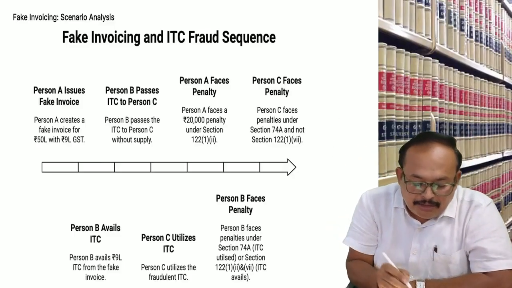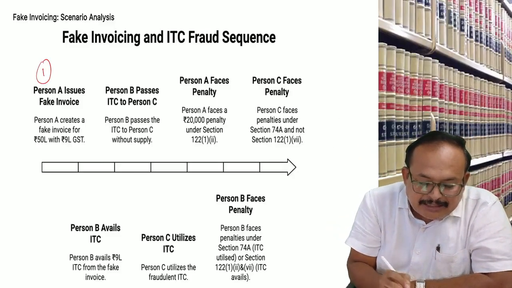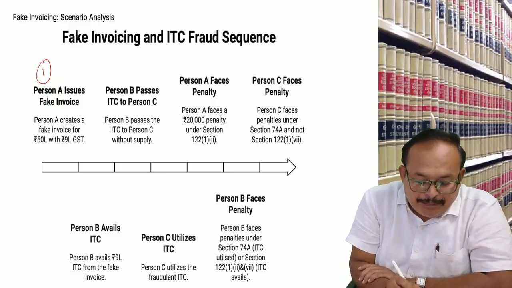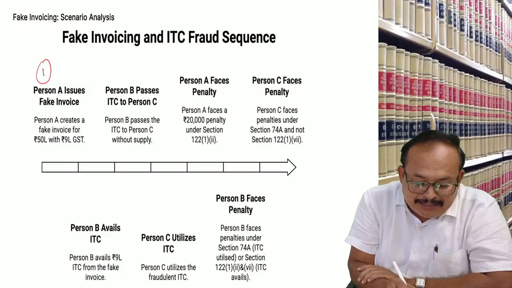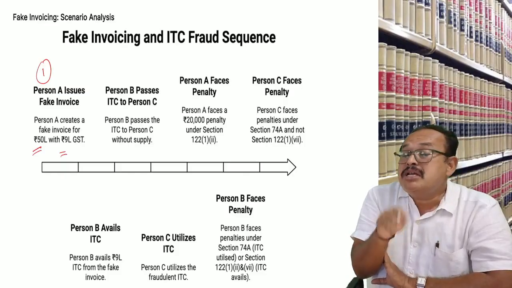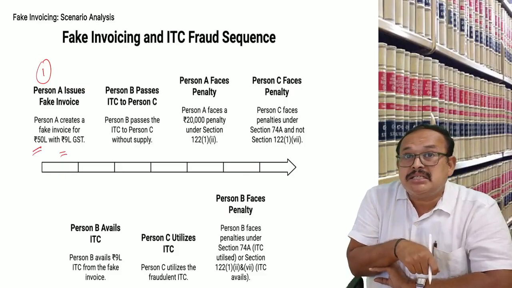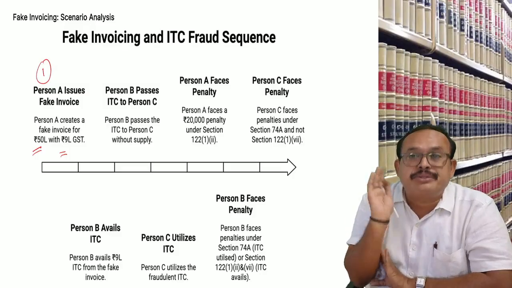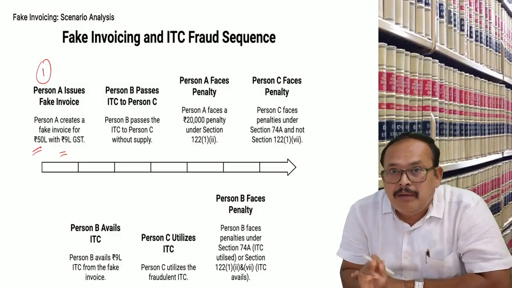Look here. First transaction: Person A issues the fake invoice. For him, penalty. Person A creates a fake invoice, 50 lakhs plus GST 9 lakhs, where that 9 lakhs is not liable to pay because he has not issued goods or services. Is it clear?